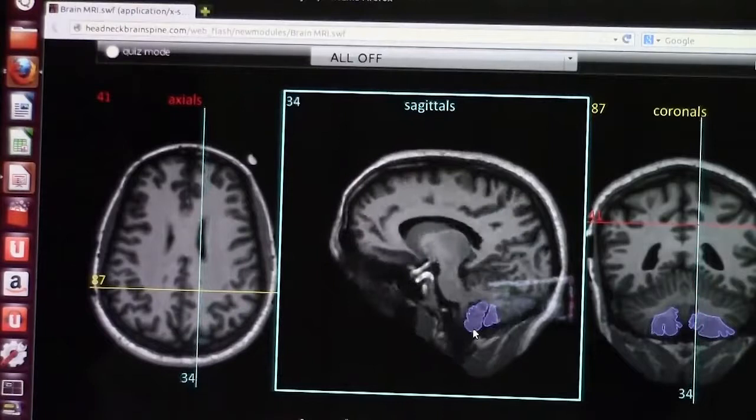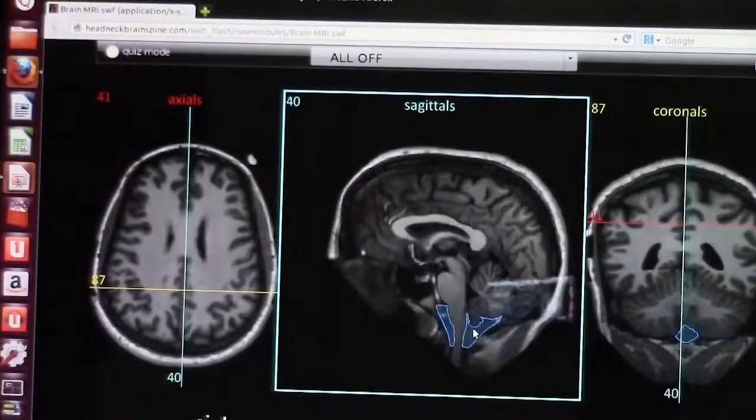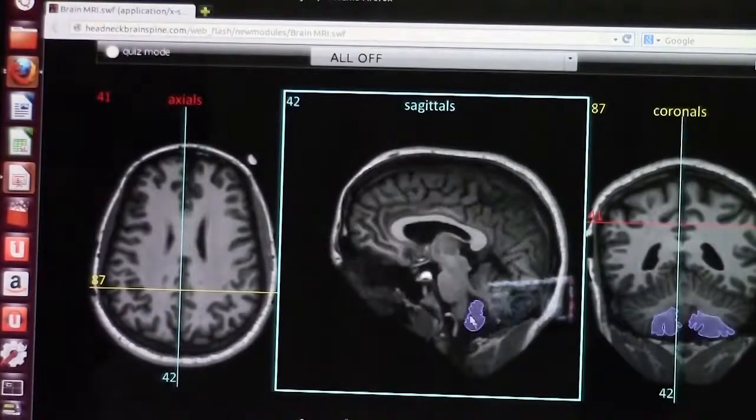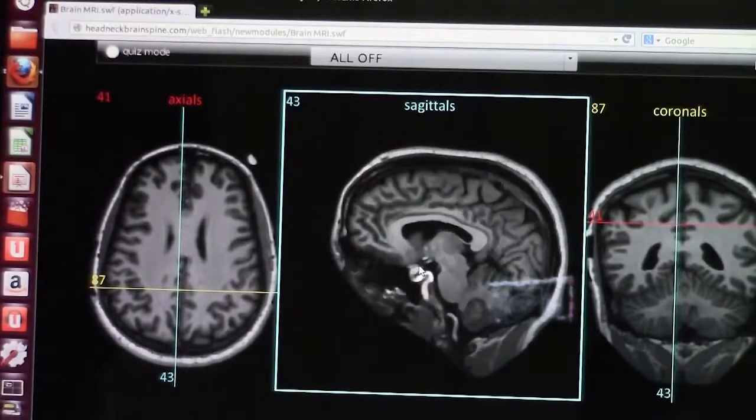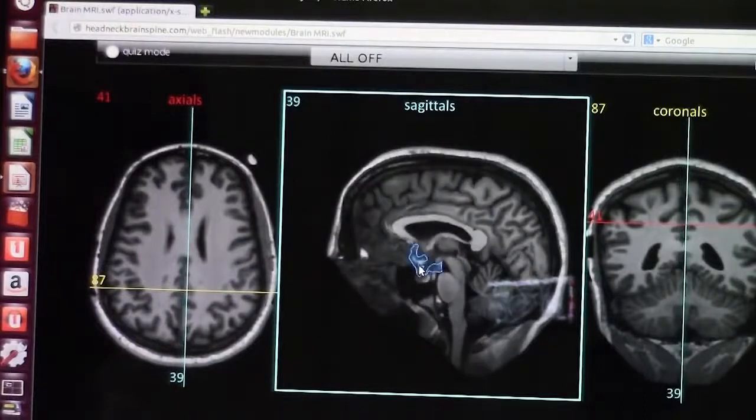Another important structure that would be helpful to look at in this case is the optic chiasm, as you see here. Here you can see the fornix as well as the anterior commissure, and you also see the mammillary body.